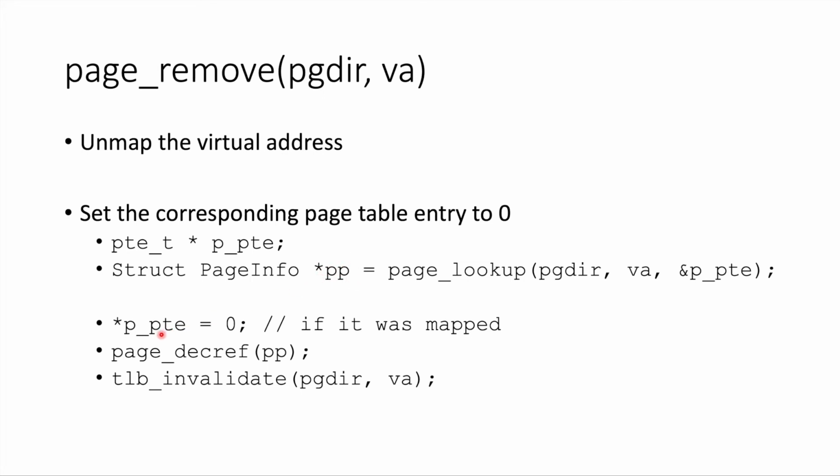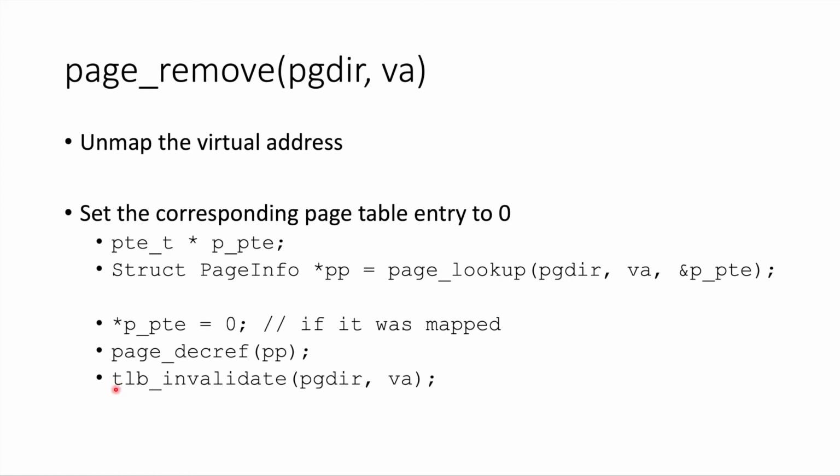And because we just released one use of the physical memory pointed to by pp, we will run page decref on pp. If its pp_ref gets to 0, then internally page decref will automatically call page free. So when the page gets freed, it will automatically go onto the page free list.